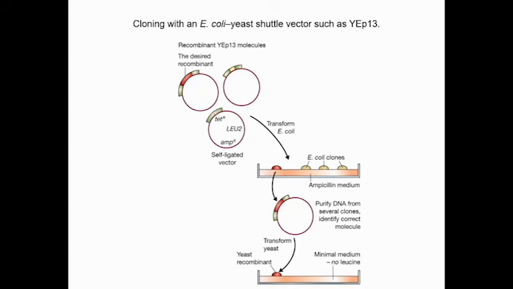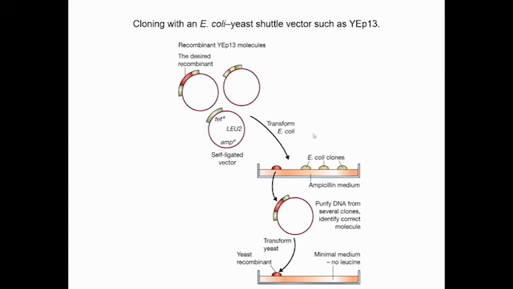So now, let's say this specific insert that you like is inserted into this tetracycline resistant gene, all right, and of course this vector has two antibiotic resistant genes, and one is inserted into the tetracycline resistant gene.